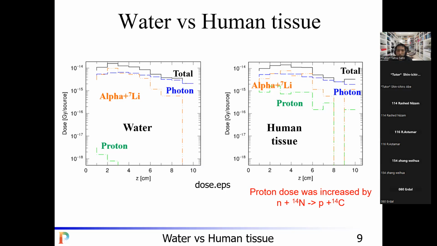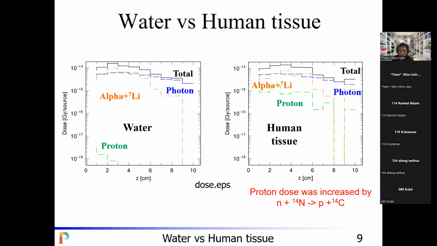So the conclusion from this simulation is that material composition is very important in the Bnct simulation, different from the X-ray simulation case.